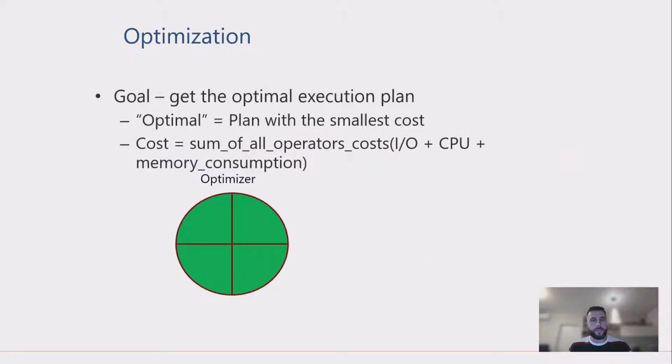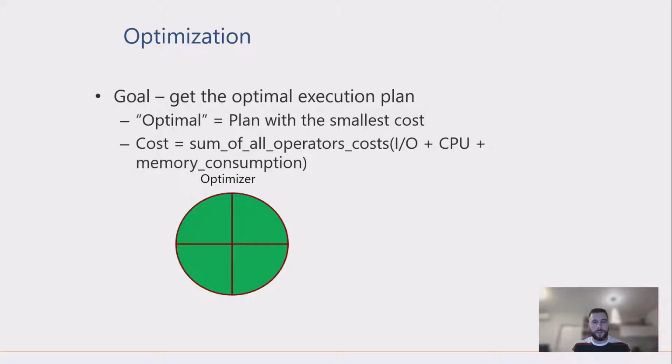So, the goal of optimization is to create the best possible execution plan. And at this stage, we are not executing query and we don't know anything about the query runtime statistics. So SQL Server needs to build plan based on some estimated values.